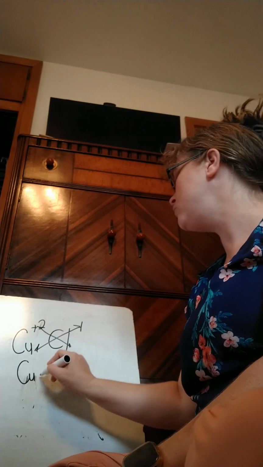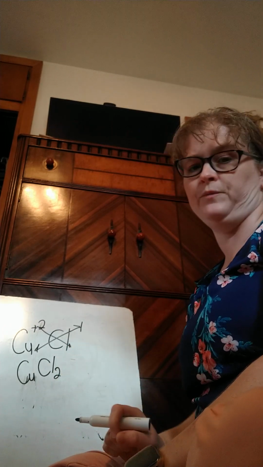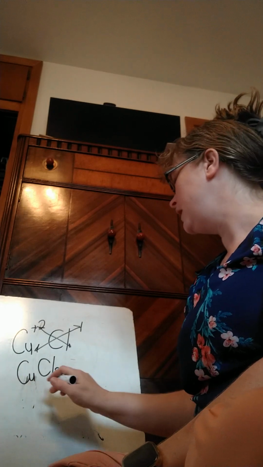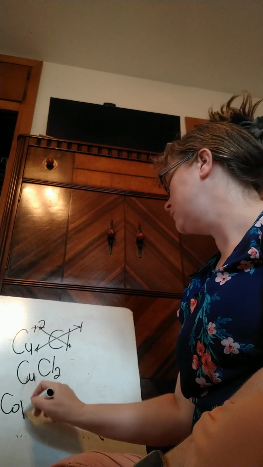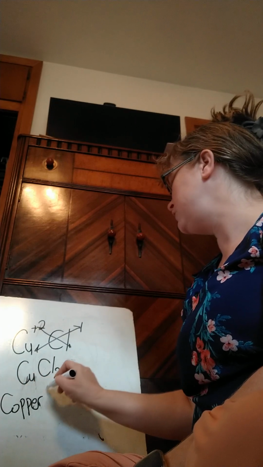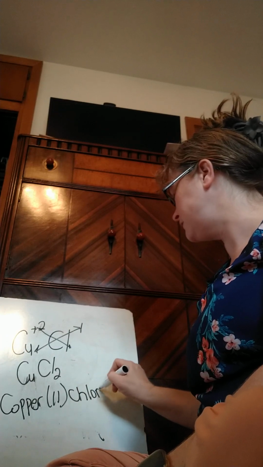And again, you would just switch this. You would have Cu1, you don't have to write the 1, Cl2. And it's copper chloride. That 2 means we need to write the 2 in parentheses so we know which charge it has.